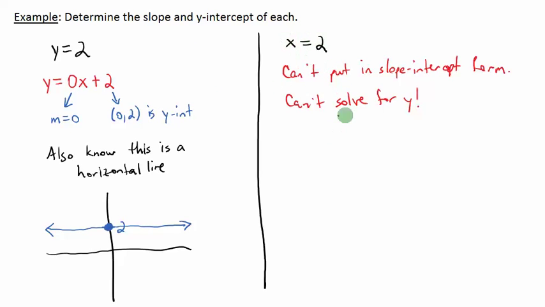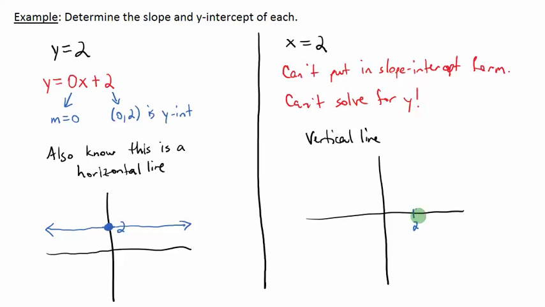Well, x equals 2 is a vertical line. Crosses the x-axis at 2. So I locate 2 on the x-axis, and this is the line that we have. And we know that the slope of a vertical line, since the run is 0, is undefined. And we can see there is no y-intercept because it does not cross the y-axis.